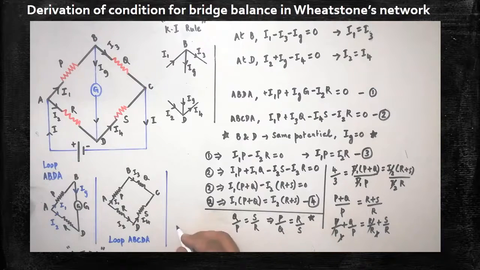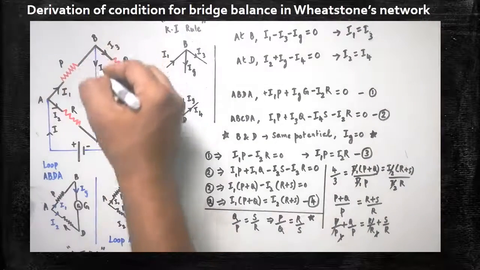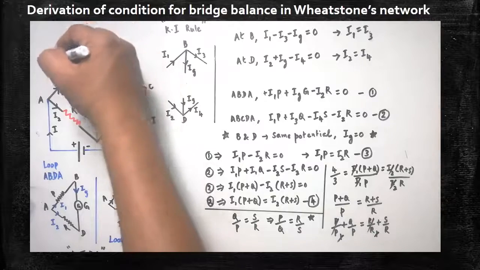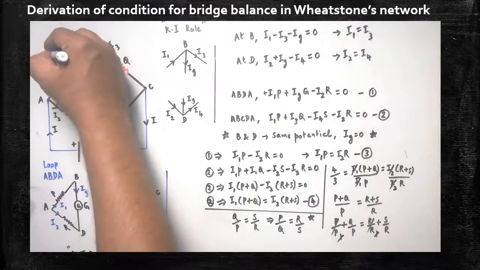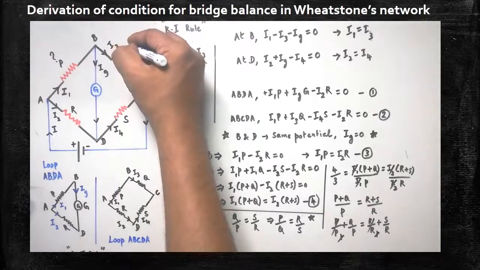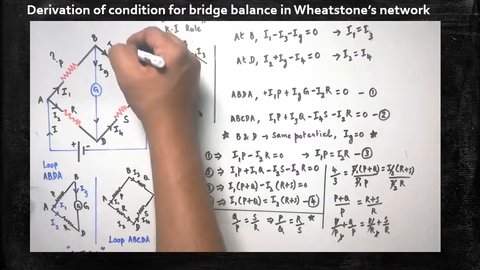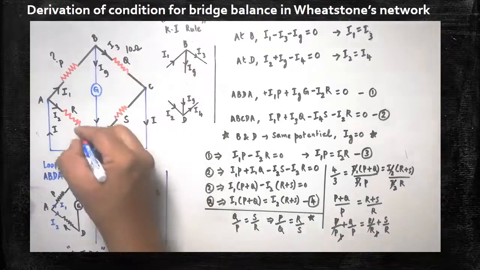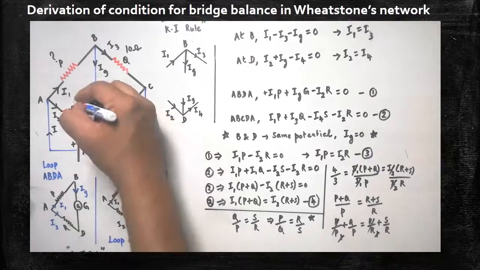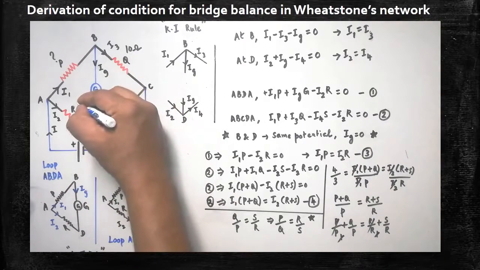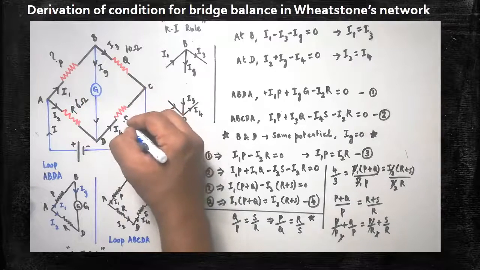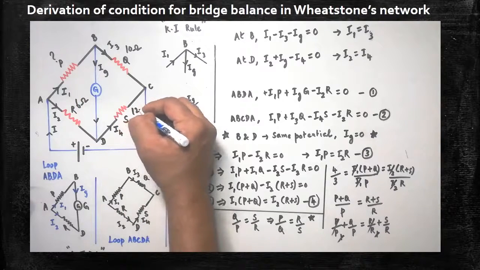Here I will assign some values and tell you how to find the unknown resistance. For example, if P is not known, Q is 10 ohm, R is 6 ohm, and S is 12 ohm.